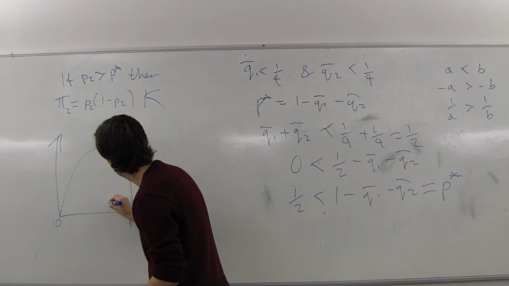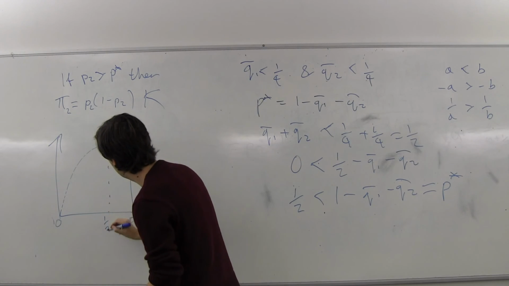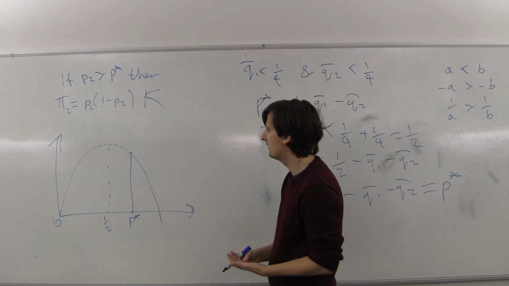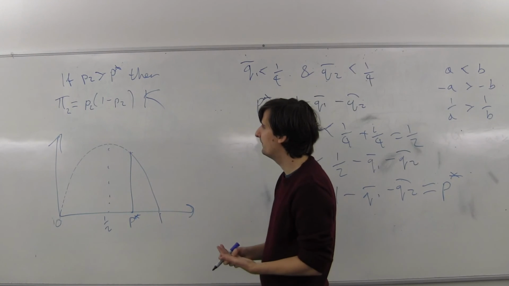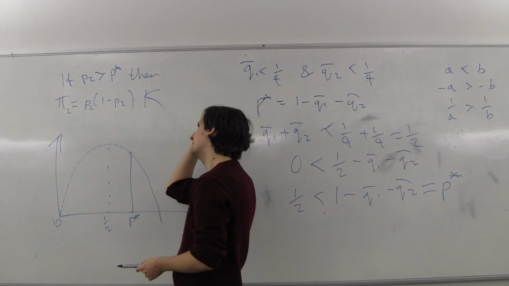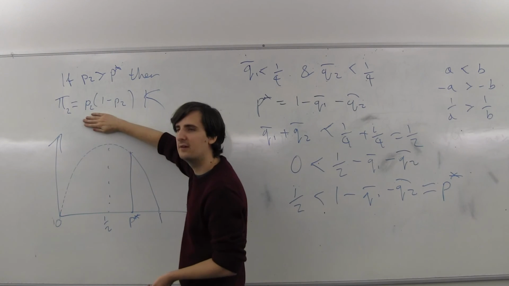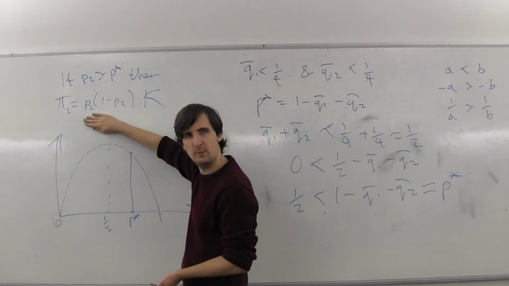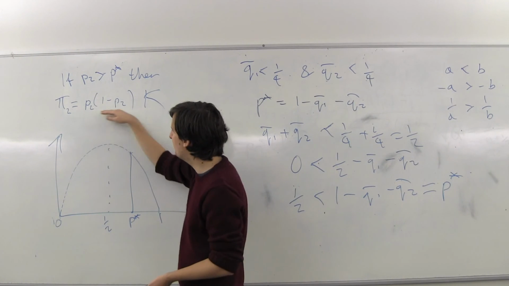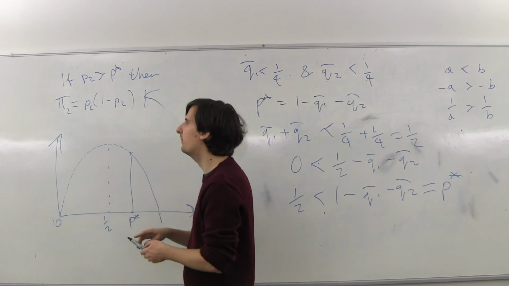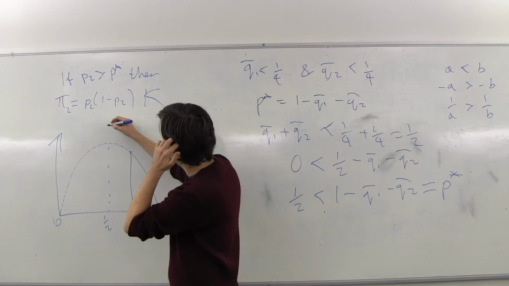This is a half. So there are two ways you can go about this. One is to do what we did in the lecture. You differentiate this function with respect to P2, and you substitute in P2 equals P star. So let's do that.